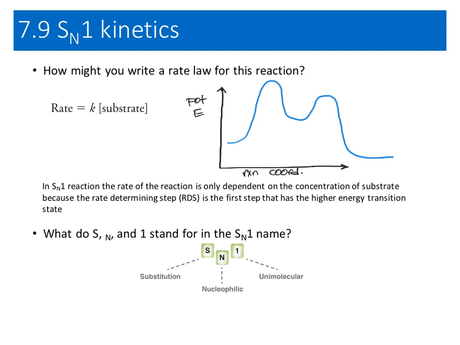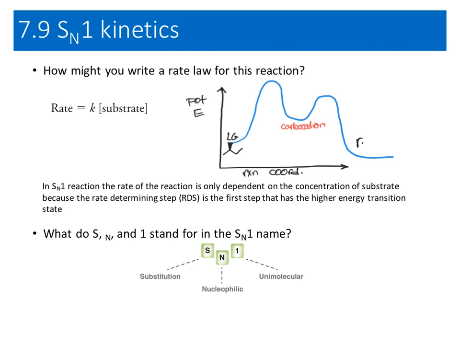Now the starting material would be our substrate with the leaving group attached to it. Then we are going to pass through the first transition state, which involves loss of leaving group, to form the carbocation. So carbocation is our intermediate, and then the nucleophile will attack the carbocation to form racemic mixture.